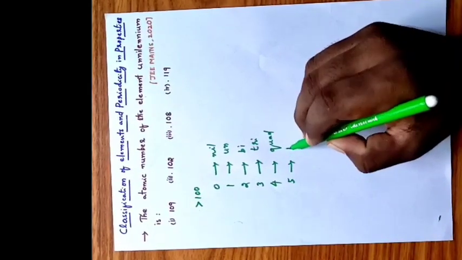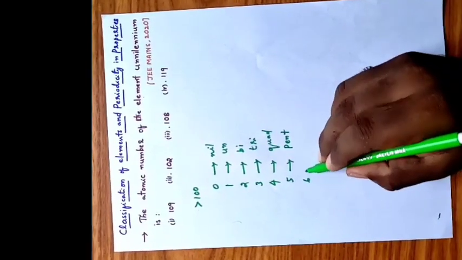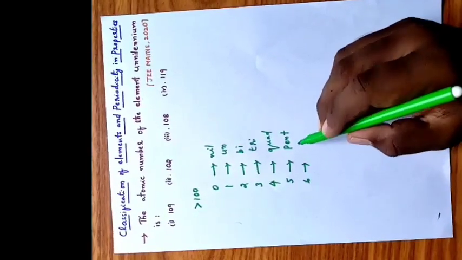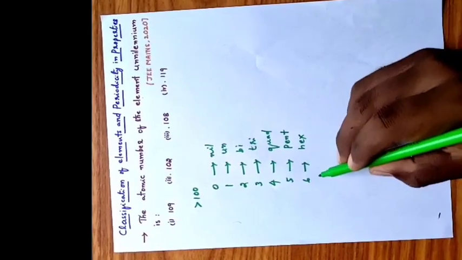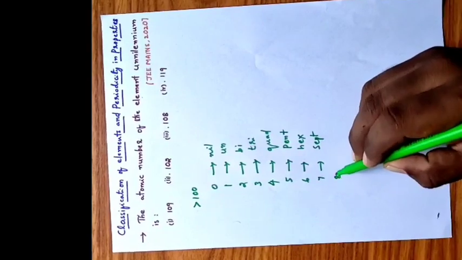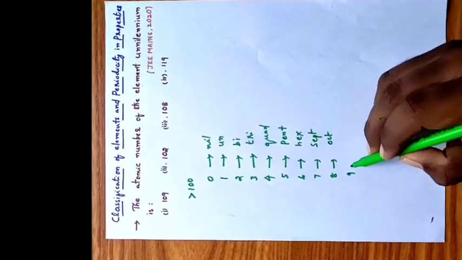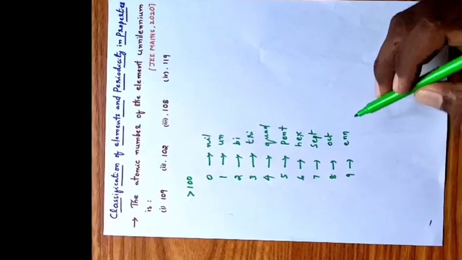for 5 it is pent, for 6 it is hex, for 7 it is sept, for 8 it is oct, for 9 it is enn.